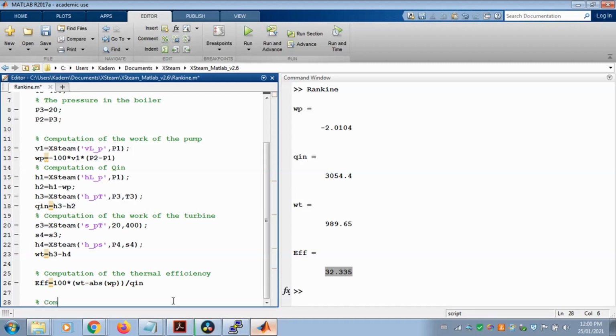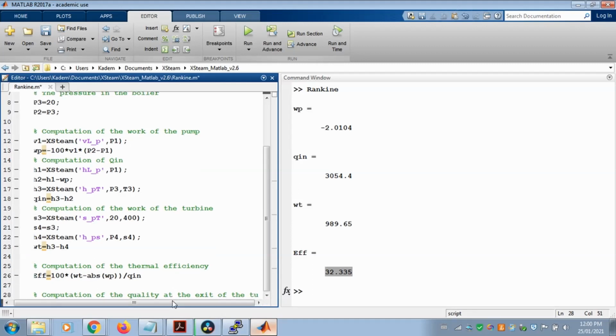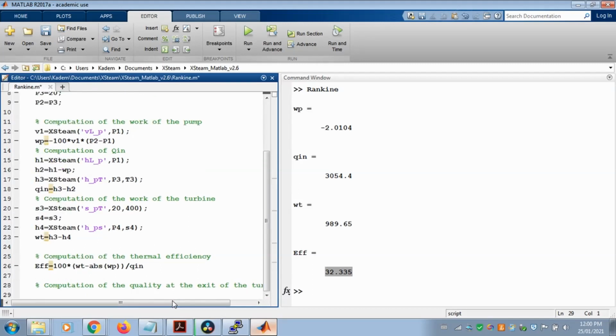So computation of the quality at the exit of the turbine. Okay, here what we are looking for is X4, and for X4 we just have to call the Xtheme function again. What we are looking for is our quality X. What do we know at state 4?